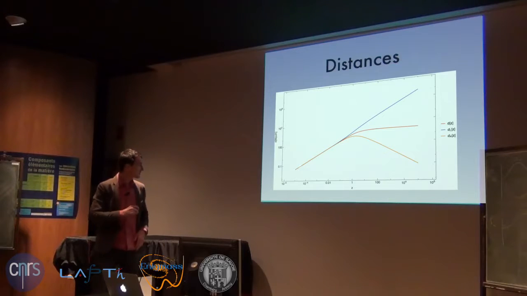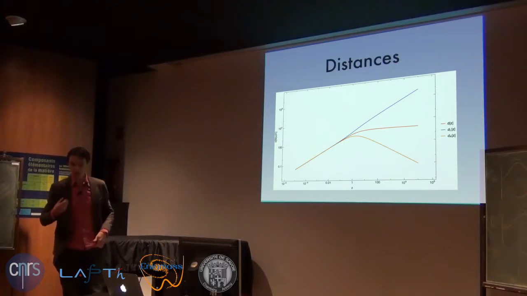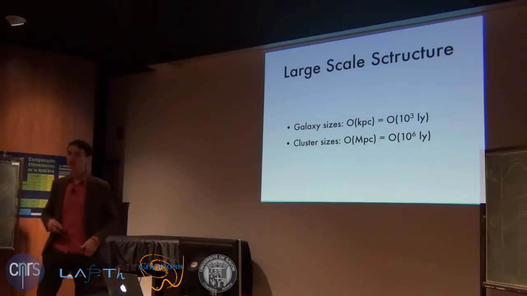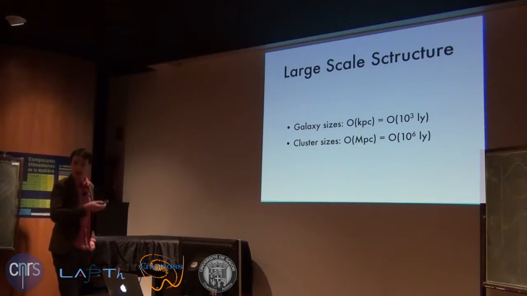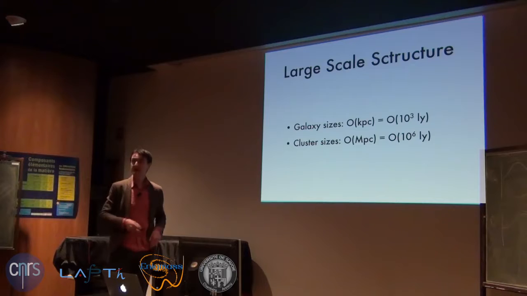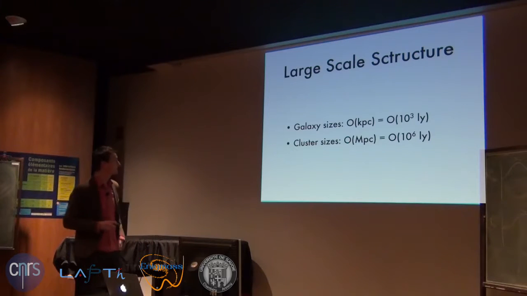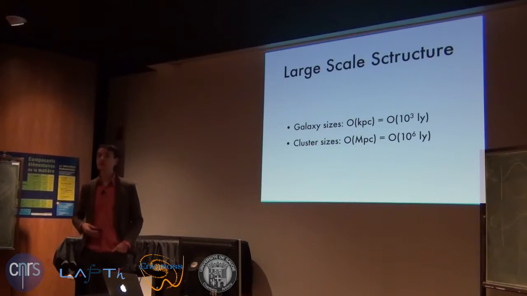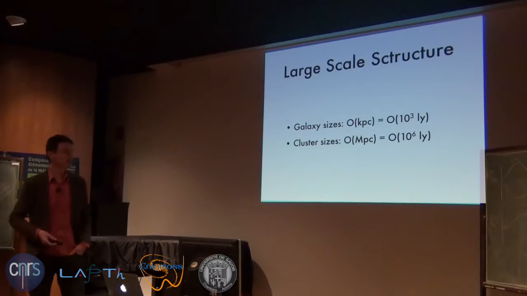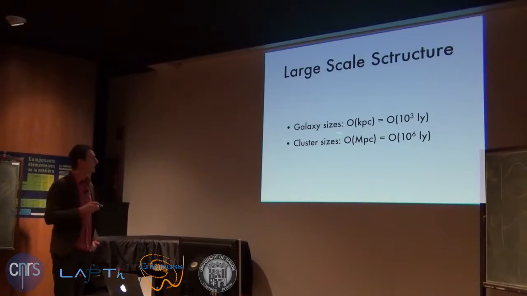And the reason that I talk about distances is because now I want to give you a handle on the scales that go into large-scale structure formation. For example, these are my rules of thumb, the things that I keep in mind to relate distances to physical objects. The size of galaxies is of the order of kiloparsecs. 1 parsec is 3 point something light years, 3.026, etc. You can ask Google.